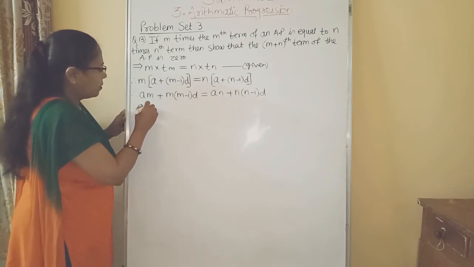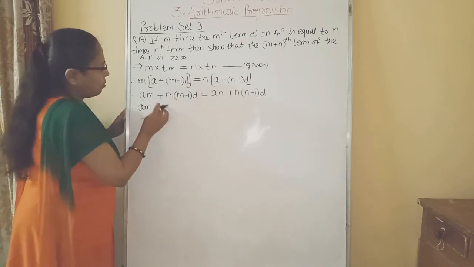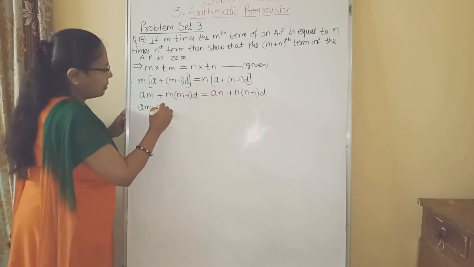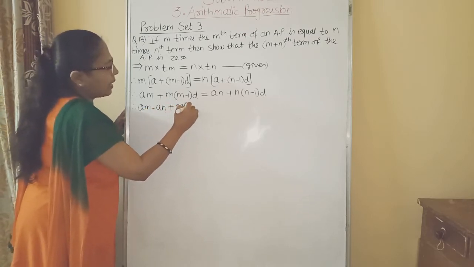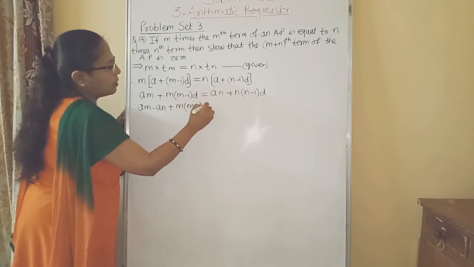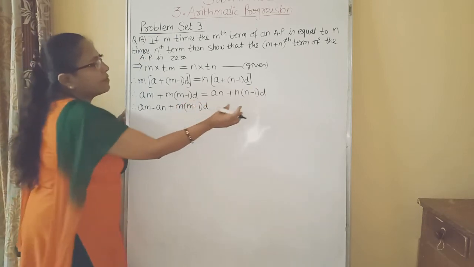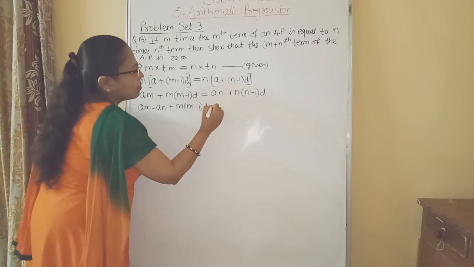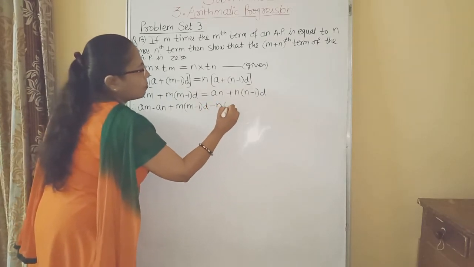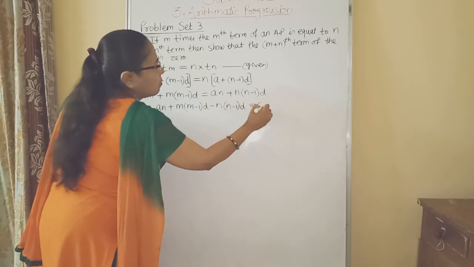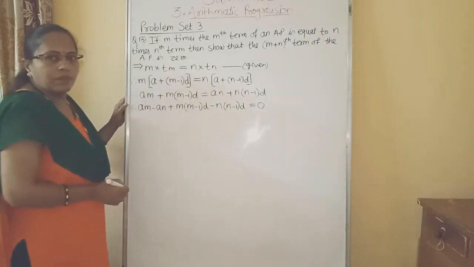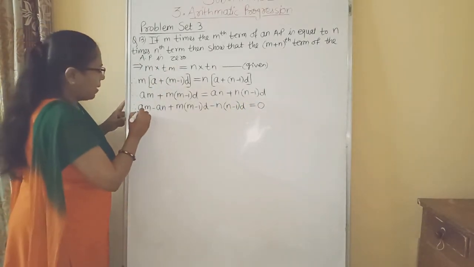Am, then we will take this an to the left side, minus an, plus m into bracket m minus 1 into d. Then we will take this term to the left side, minus n into bracket n minus 1 into d, is equal to 0.